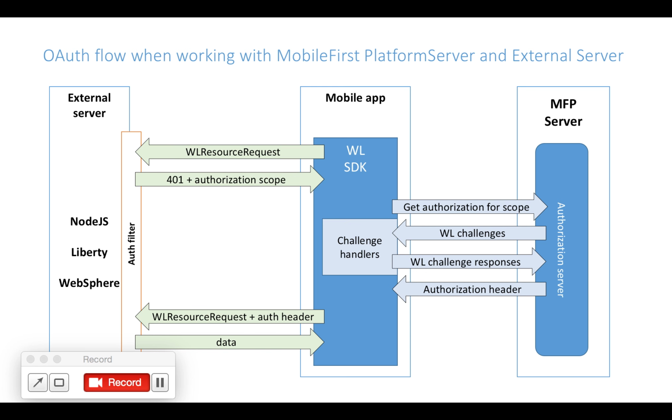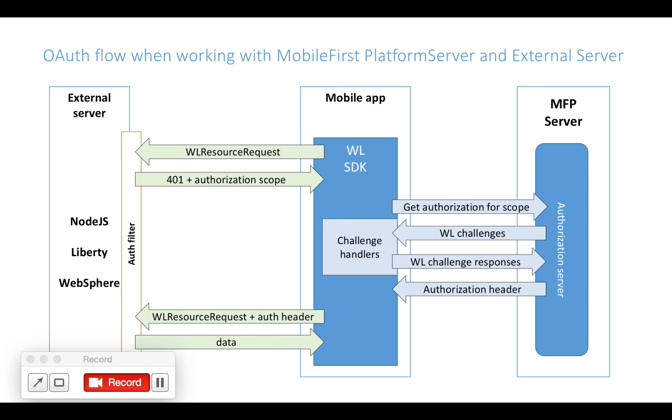In 7.0, MobileFirst platform provides the authorization filter as a standalone component that can be used on Node.js, Liberty, and WebSphere servers. If you have your existing Node.js server or Liberty or WebSphere, you can take the authorization filter provided by MobileFirst and install it on your system. It's very easy to configure. That's the demo I'm going to do pretty soon.